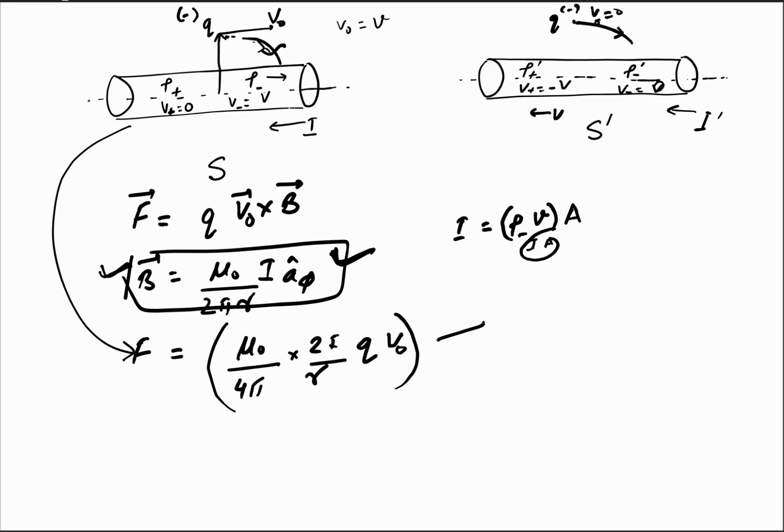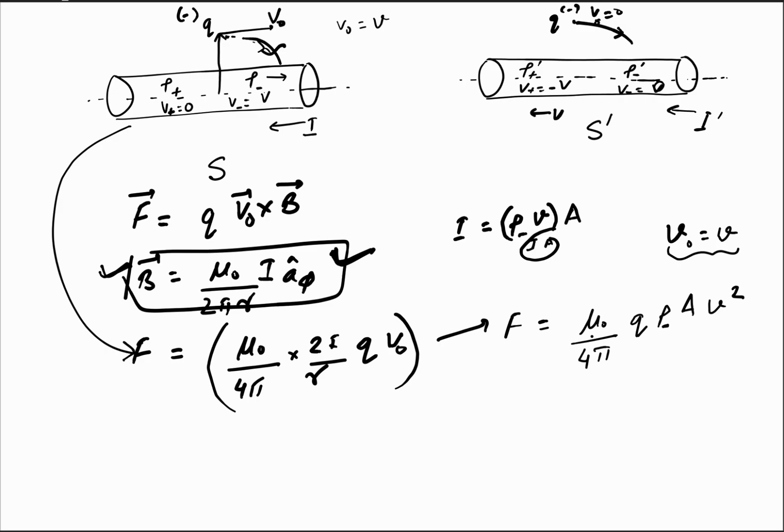So the force will be, in terms of Q and V, mu naught upon 4 pi Q rho minus A. Now we are assuming that V naught is equal to V. So it will be V square.